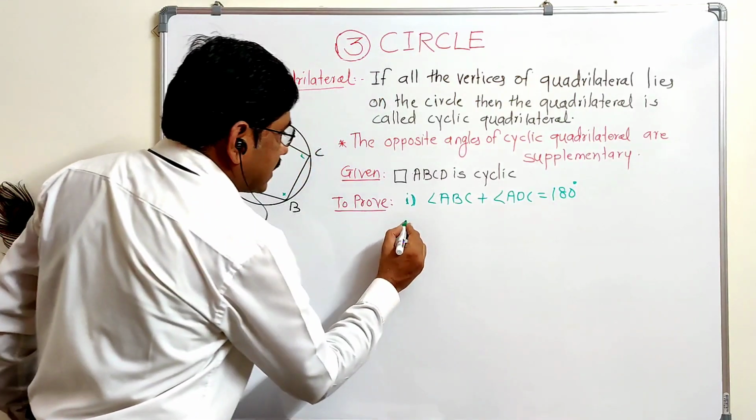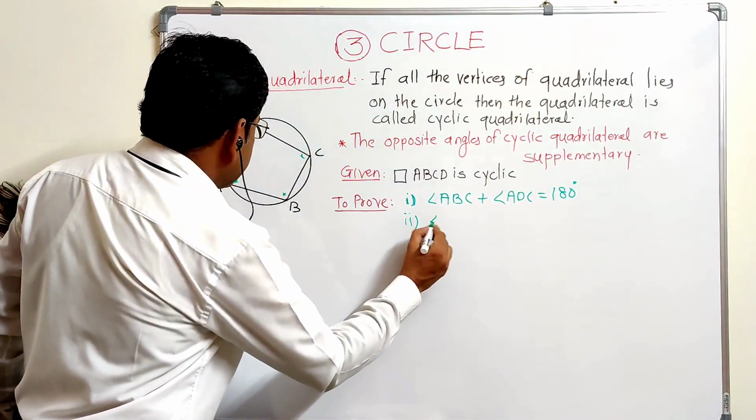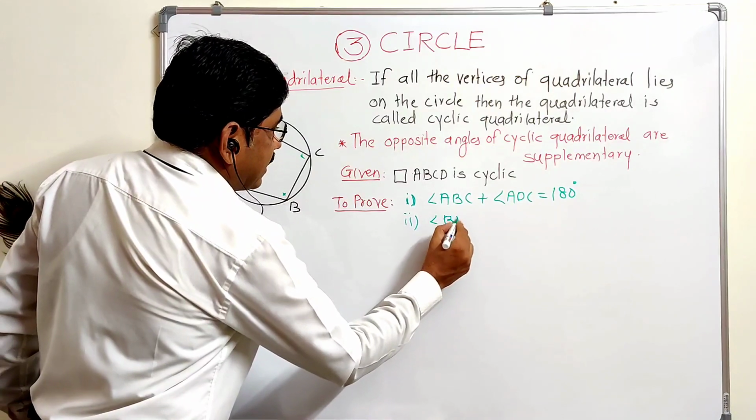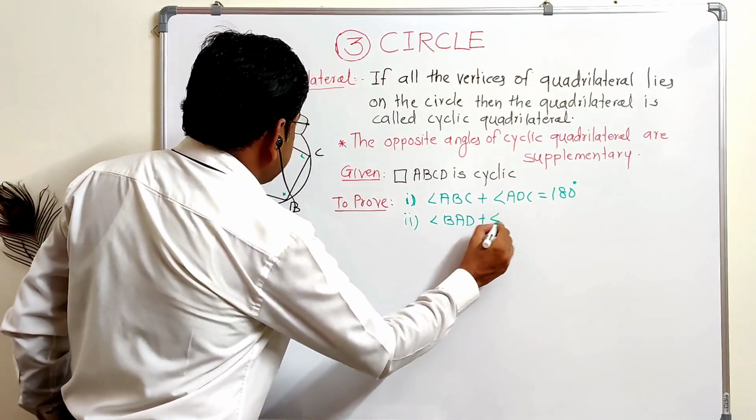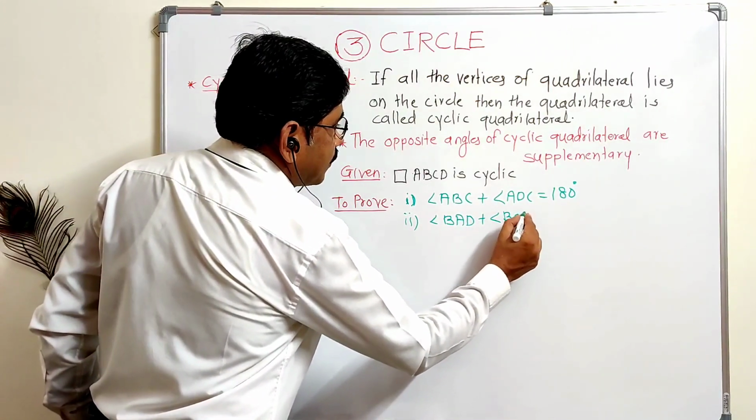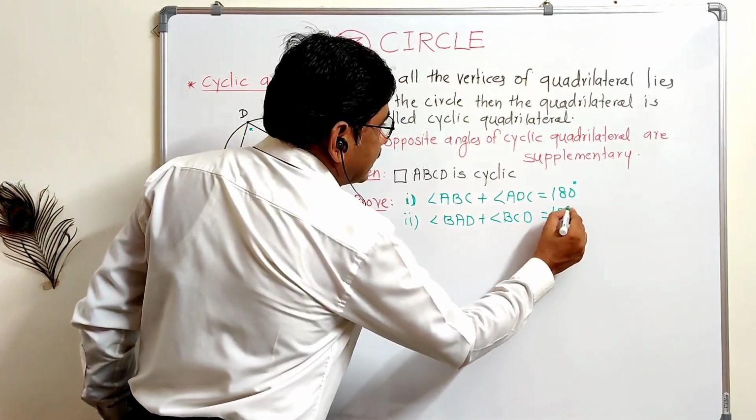This is the first one. And second one, angle BAD plus angle BCD is equal to 180 degrees. That we have to prove.